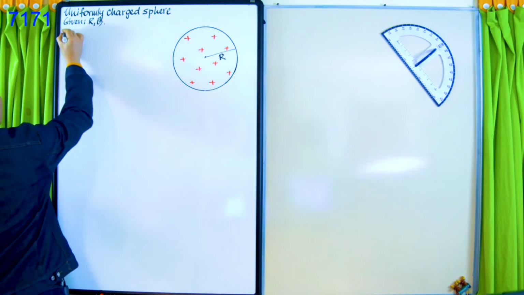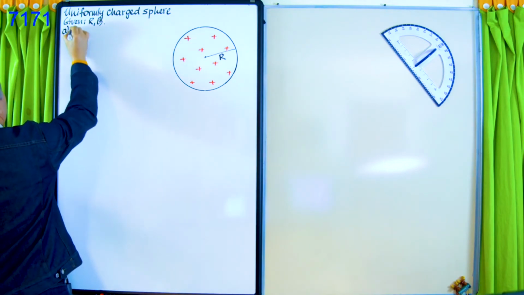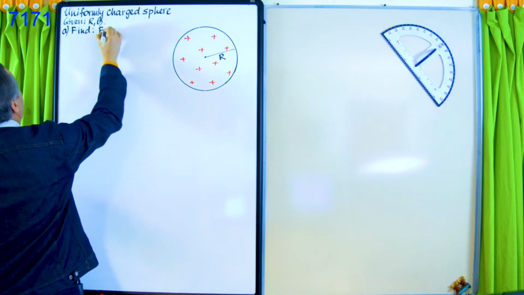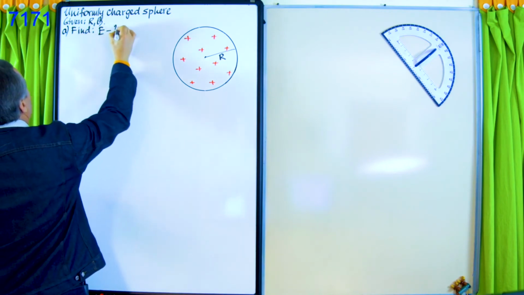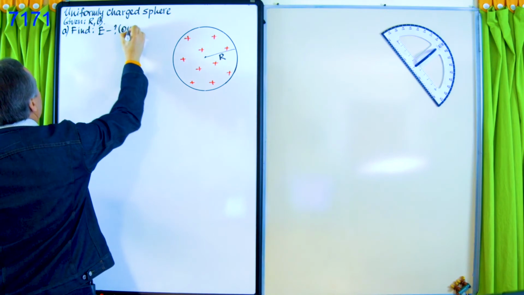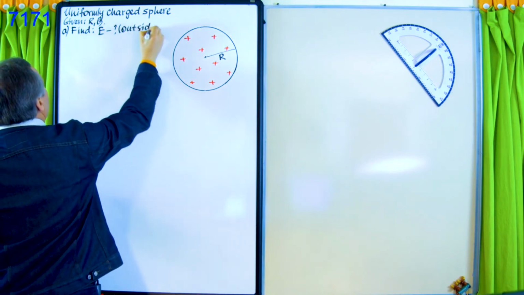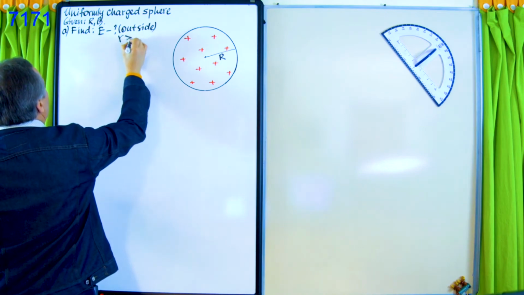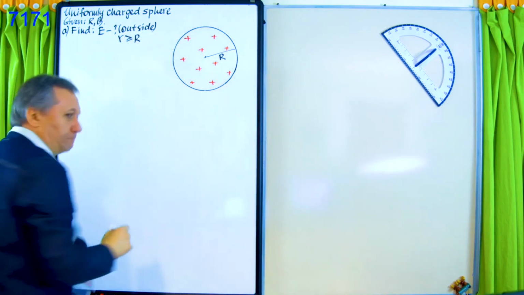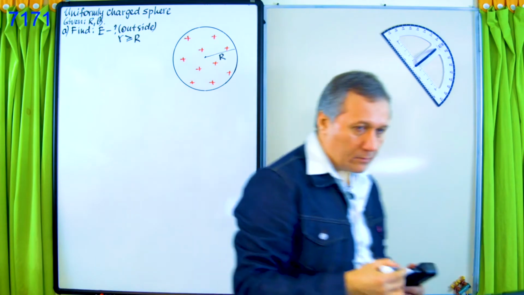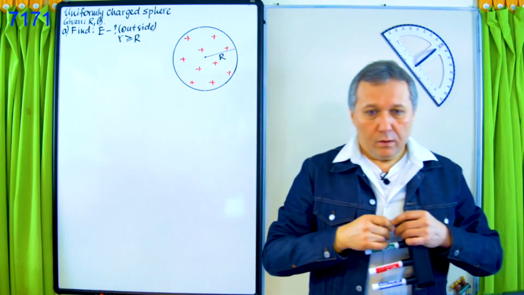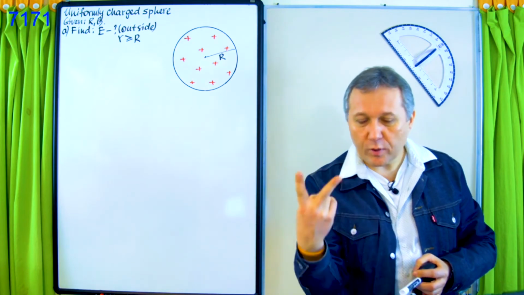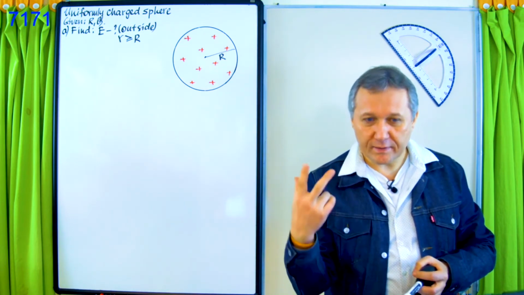So we need to find the electric field. I will write outside. So what does it mean outside? Small r is larger than or equal to capital R. As I told you a couple of minutes ago, now we have two approaches that we can use to find the electric field outside.